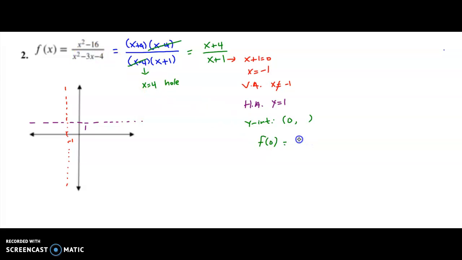And so what I'm left with is -16 over -4, which is +4. So my y-intercept is at 0, 4. So let's say this is 1, 2, 3, 4.